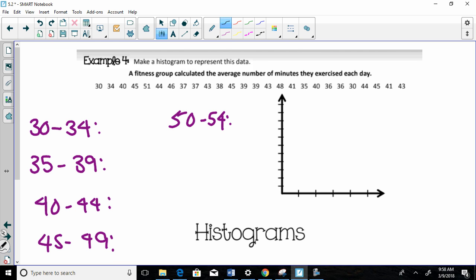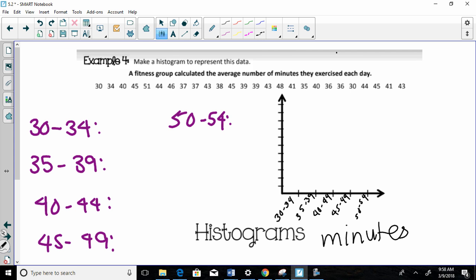So what I did right here is I just wrote it like this. 30 to 34, 35 to 39, 40 to 44, 45 to 49, 50 to 54. I wrote it in the spaces like that. And they're talking about minutes.